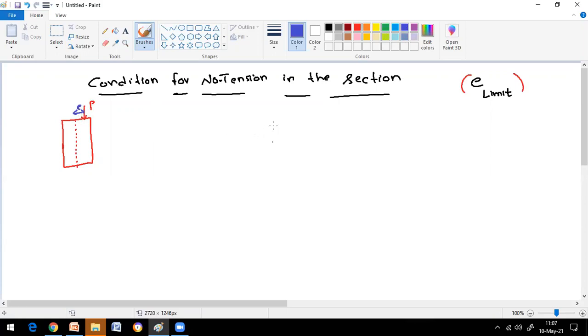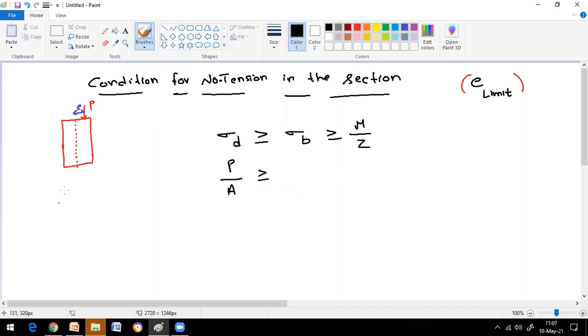Now the condition is like this: your direct stress should always be greater than or equal to the bending stress, which is M by Z. What is the direct stress? Load by area should always be greater than or equal to it.